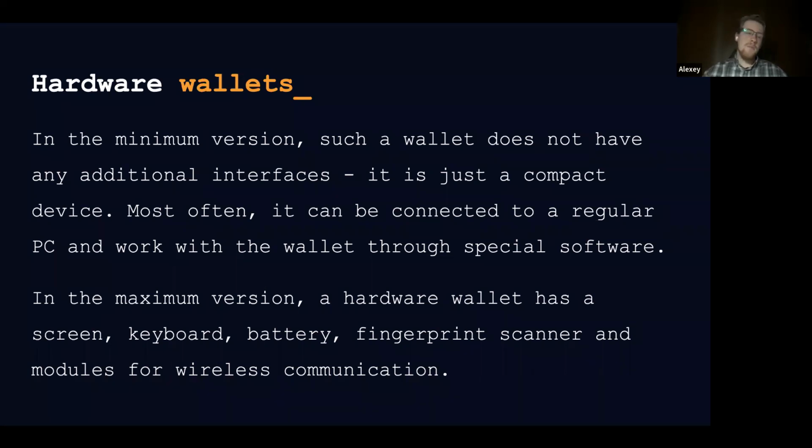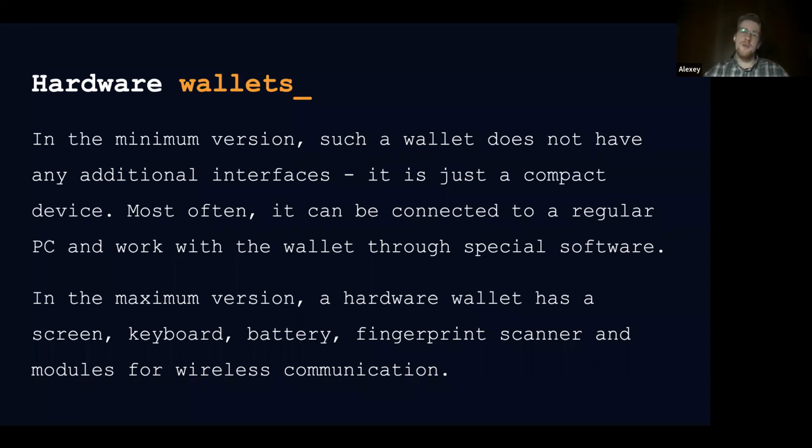The main difference between software and hardware wallets is that simple primitive hardware wallets usually act as cold wallets, which means that you plug it into the computer and you use it only when you need to do some transactions.